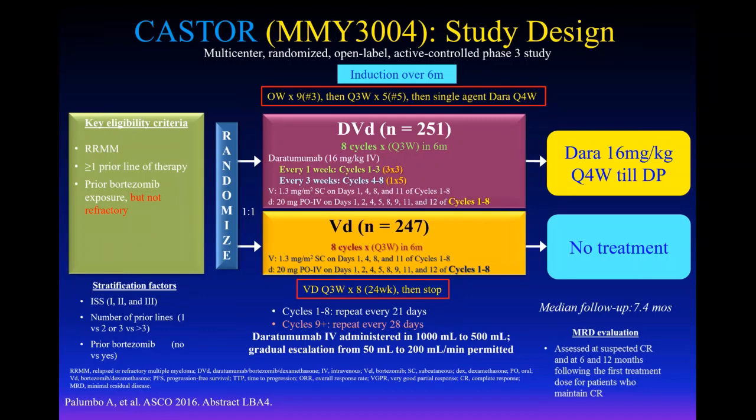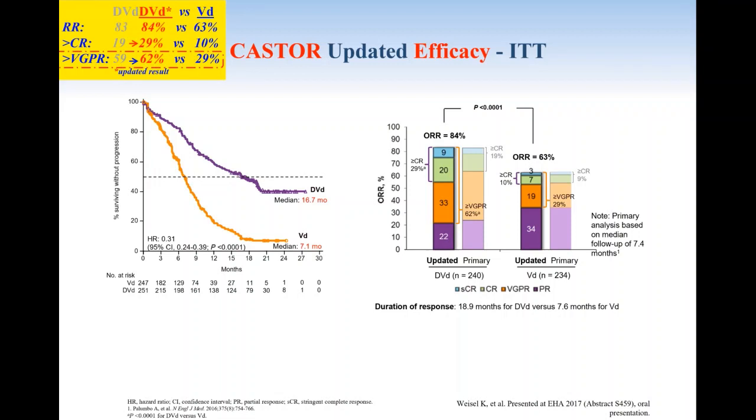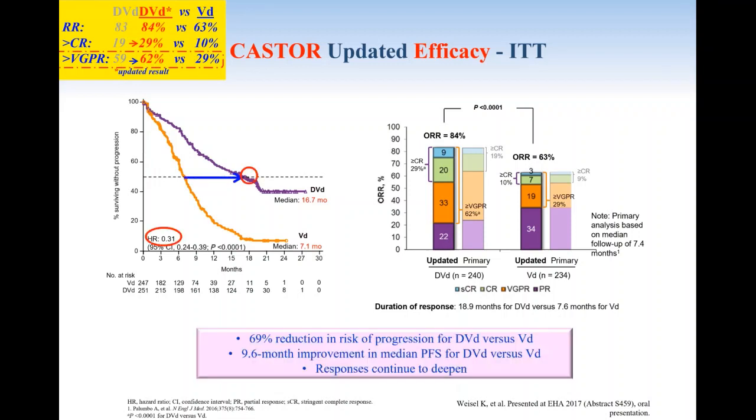However, in the control arm, there's no treatment after the 8 cycles of induction. And with that, you can see that again the patients got a high response rate, and many of them achieved VGPR. VGPR means more than 90% reduction in the paraprotein level. And again, that translated into a superior progression-free survival in the intervention arm.